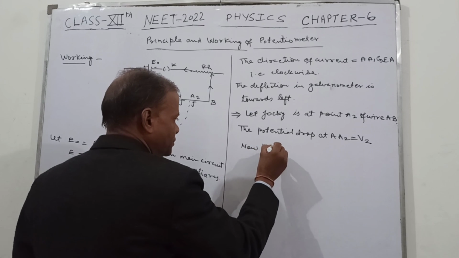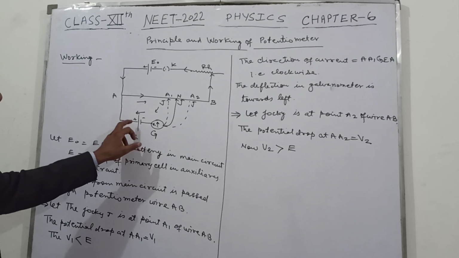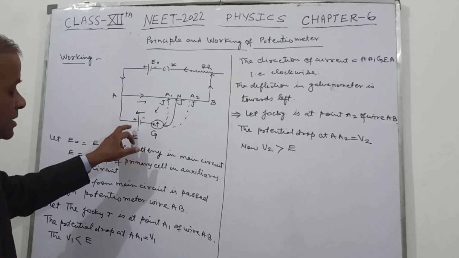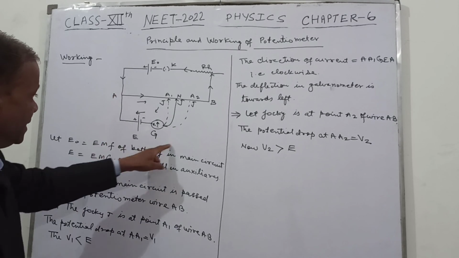Now V2 is greater than E, the EMF of this cell. It means that the current will pass this way.